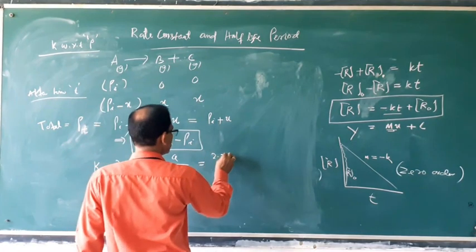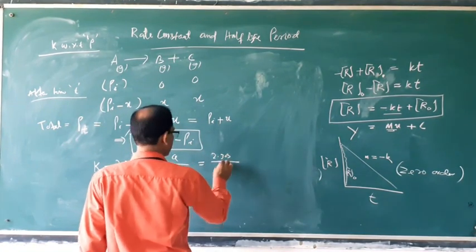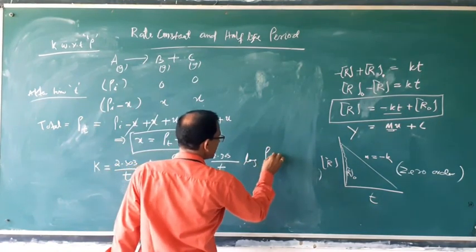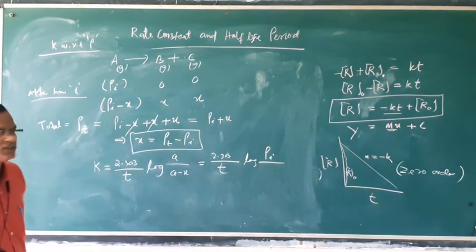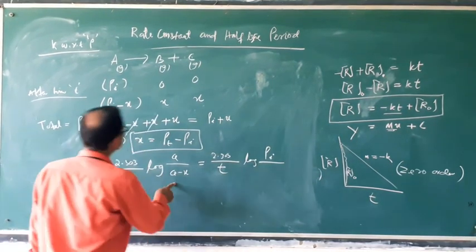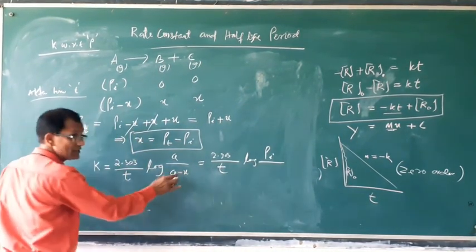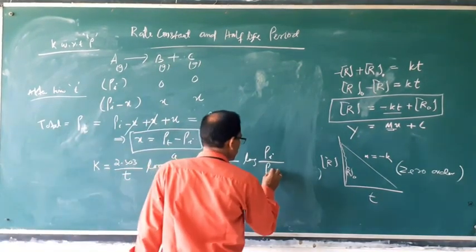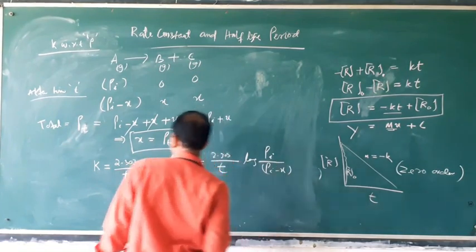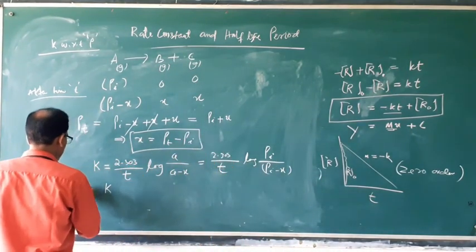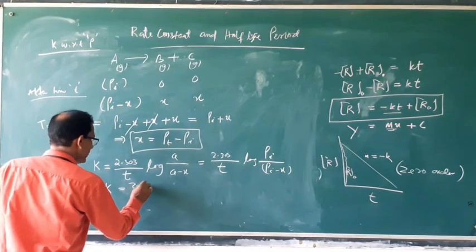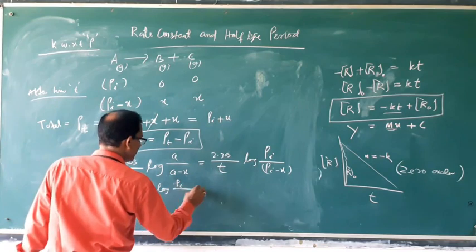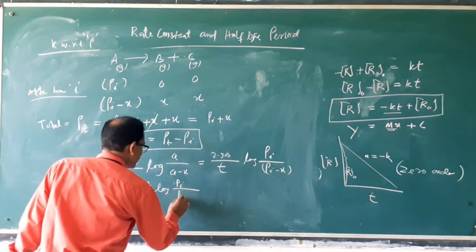Here a means the initial value, which in terms of pressure is Pi. What is a minus x? Here it is pressure left, which is Pi minus x. We put that in, then K is equal to 2.303 by t log Pi by Pi minus x.